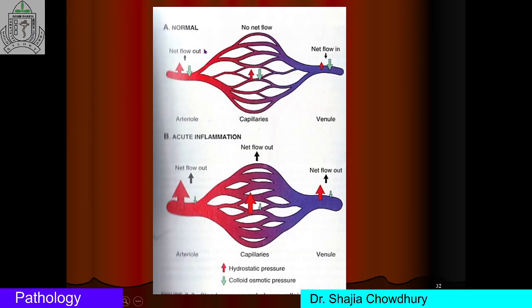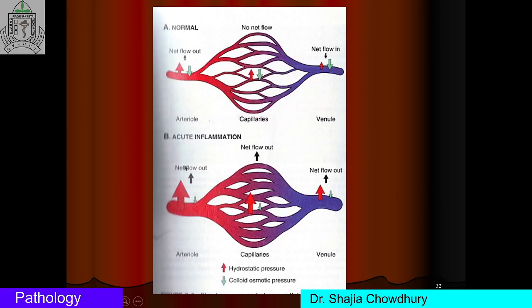This is the normal blood vessel. There is no net outflow, as the outflow is balanced by the inflow, and ultimately there is no net flow, and the capillaries are not dilated. This is the arterial end and this is the venous end. And what will happen in acute inflammation?